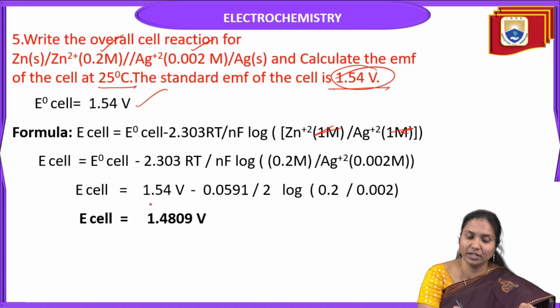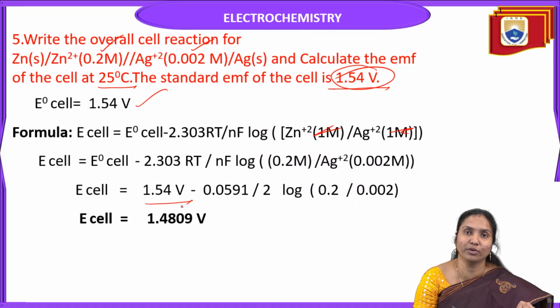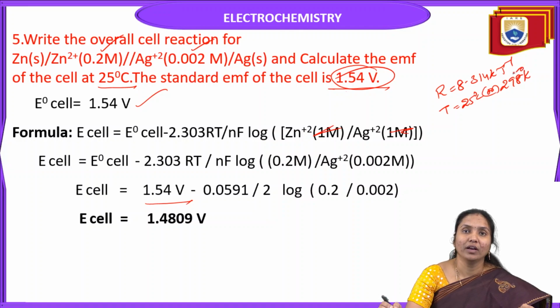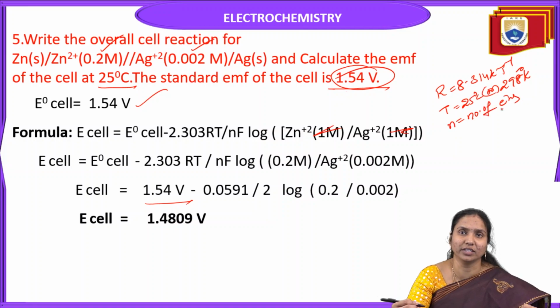So you can substitute here the E naught cell value 1.54, minus 2.303 R. R means the gas constant. Its value is 8.314 joules per Kelvin per mole. Okay, and T means temperature, 25 degrees centigrade or 298 Kelvin. Okay, and next N is the number of valency electrons involved in that reaction.